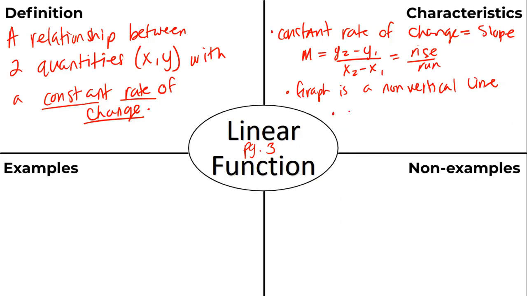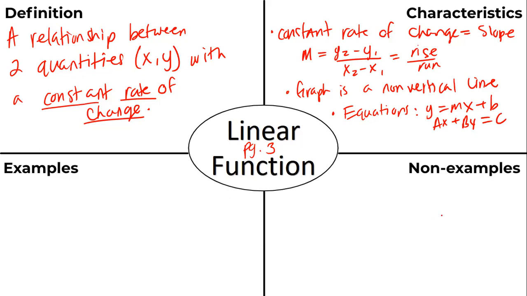And there are 3 equations. So the equations that represent a line. Can someone tell me what is the most common one? Y equals mx plus b. The equation of the line. Okay. Does anyone know the standard form? Ax plus By equals C. Does that look familiar?